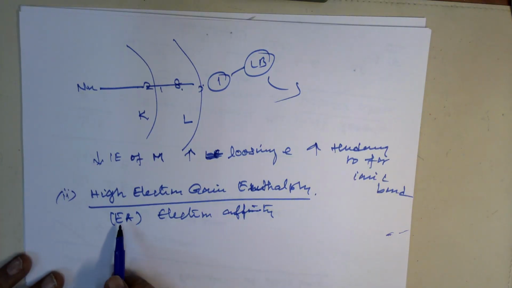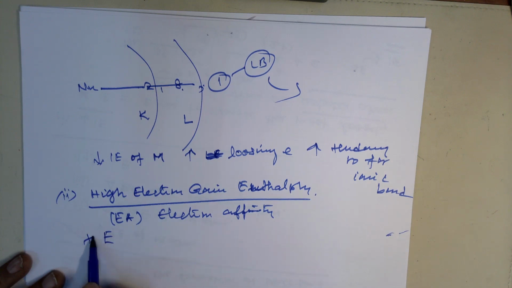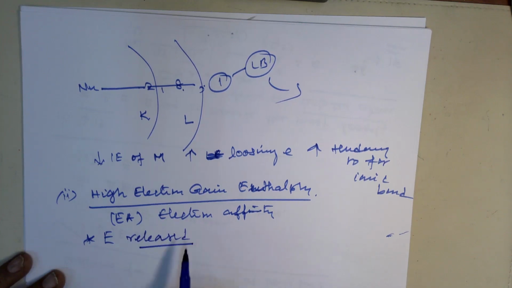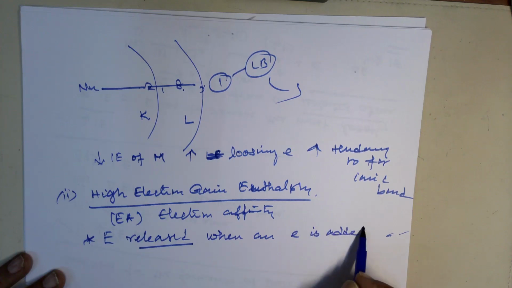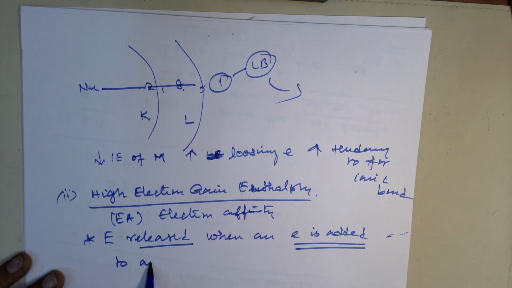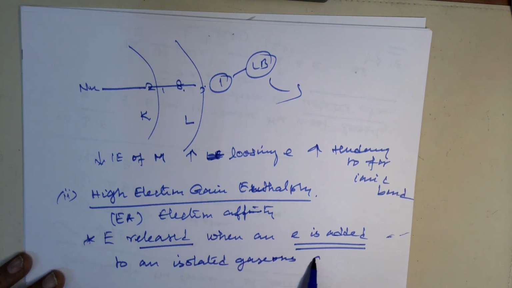Now in the case of electron affinity, note down that it is the amount of energy released when an electron is added to an isolated gaseous atom, to form a negative ion.